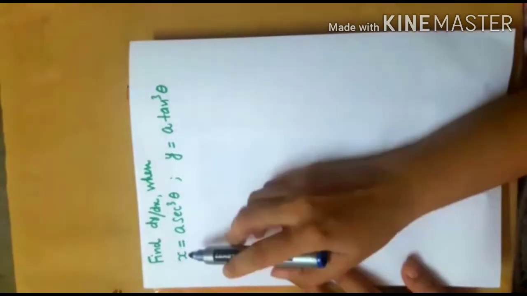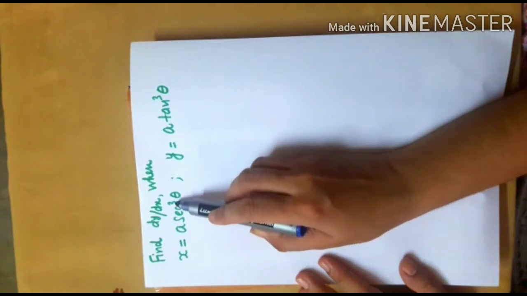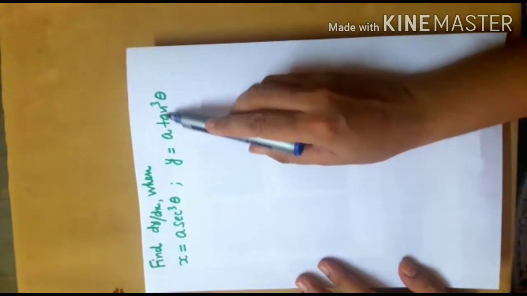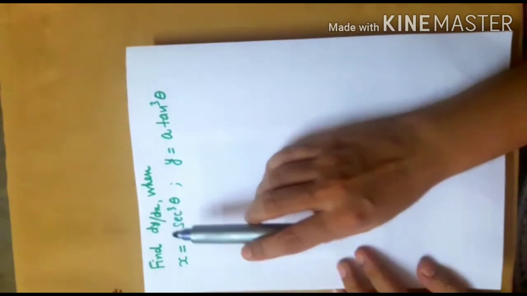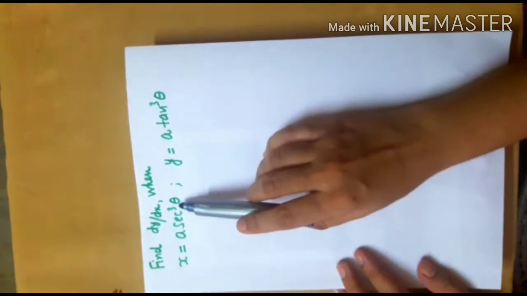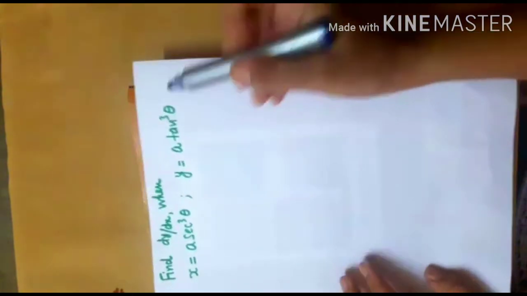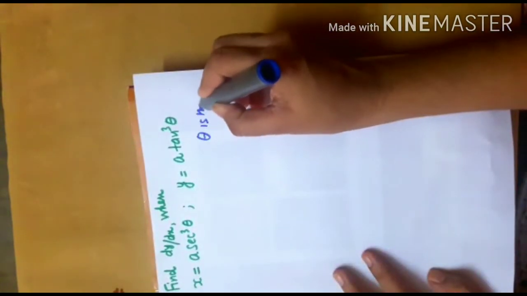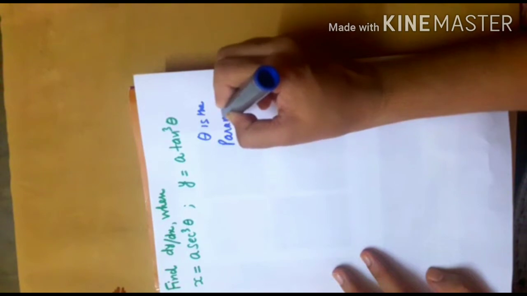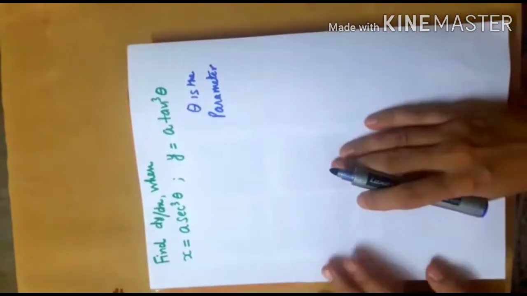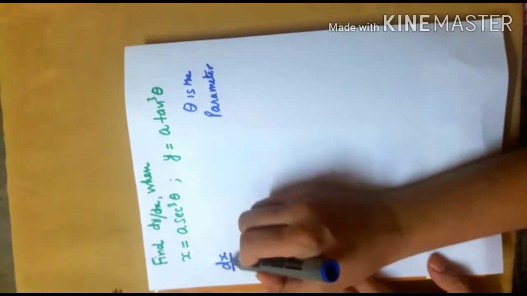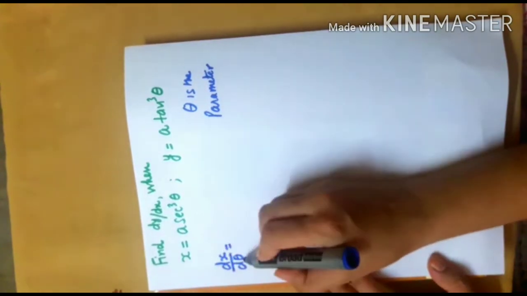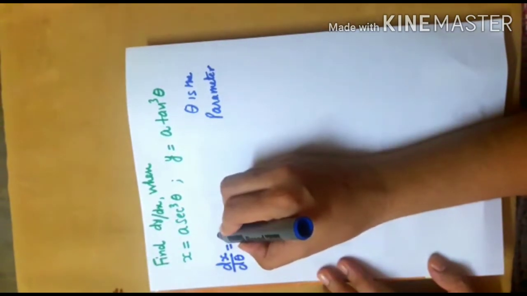Let's take another example. x is equal to a secant cube theta, y is equal to a tan cube theta. We are to find dy by dx. Here x and y are connected through the third variable theta. So here theta is the parameter. So first I'll find the derivative of x with respect to the parameter, that is dx by d theta. a is constant.